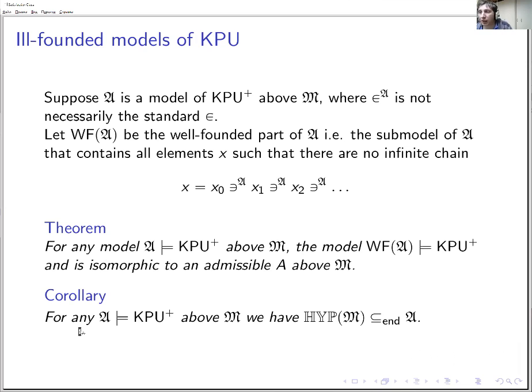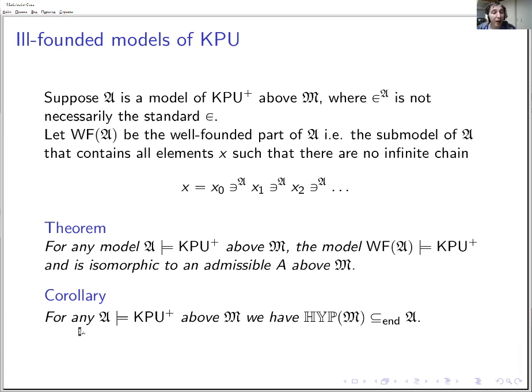And thus, of course, they are non-standard models where the membership predicate is not necessarily well-founded. However, for any given model, we can consider the well-founded part of this model, that is, the set of all elements from which there is no infinite descending chain.